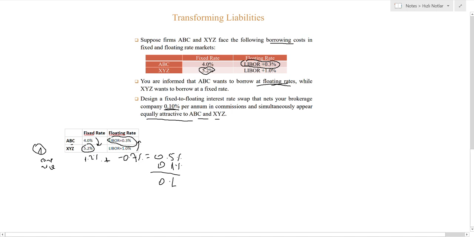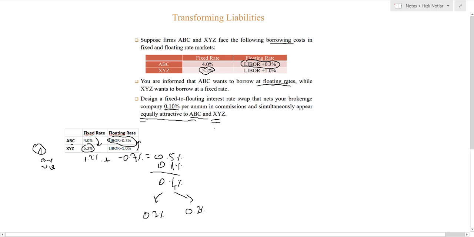Then we have 0.4% capacity to improve. We will treat the two companies equally because the question says that. So the net capacity to improve is 0.2% for each company.